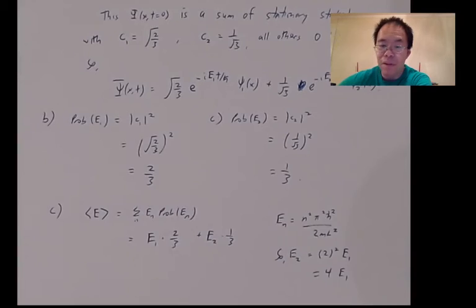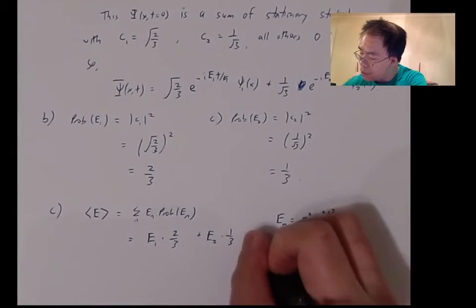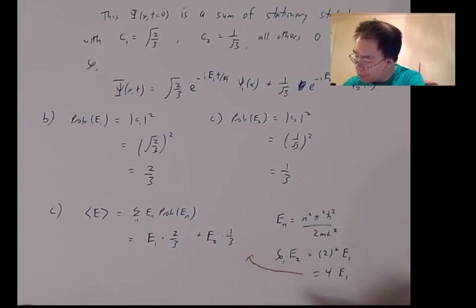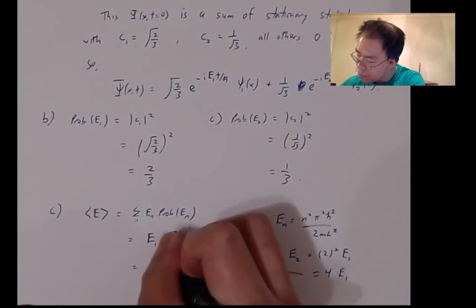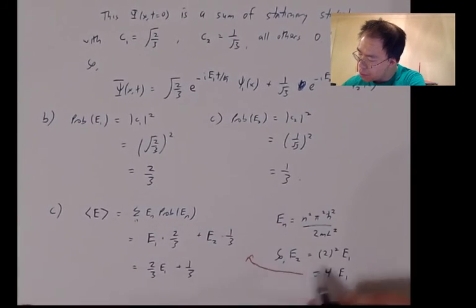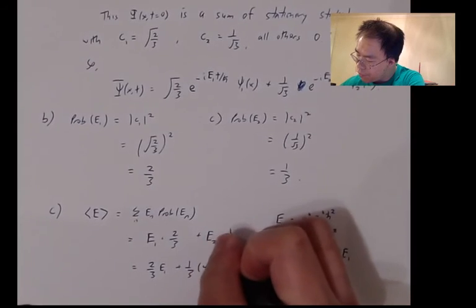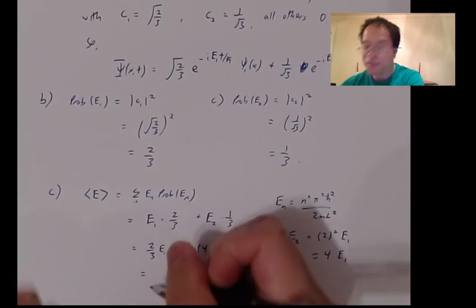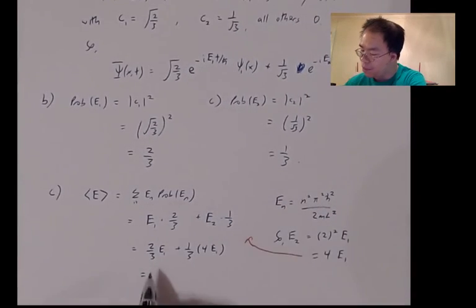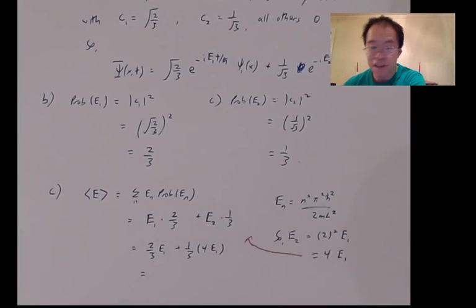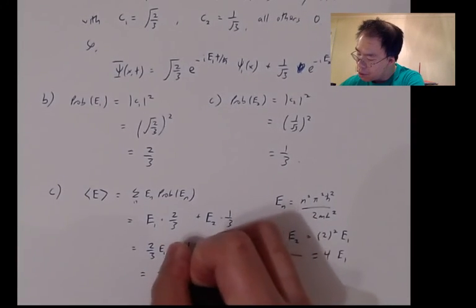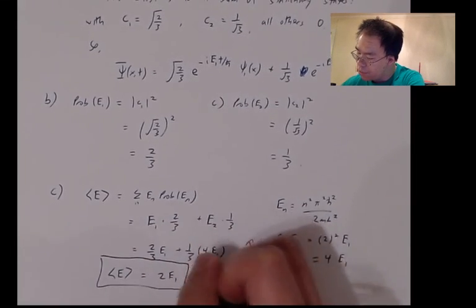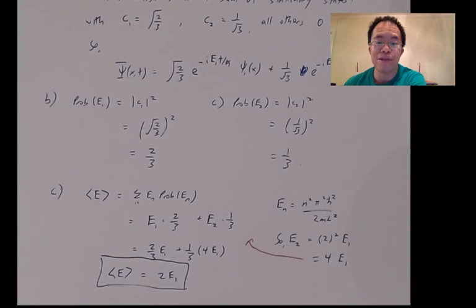So if I just plug that in, I end up with 2/3 E1 plus 1/3, so E2 is now 4 E1. And so I end up with 2/3 plus 4/3 equals 6/3, or 2 E1 is my expectation value for the energy of the system here.